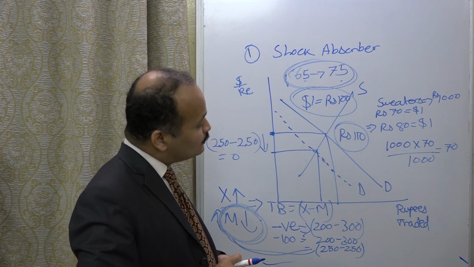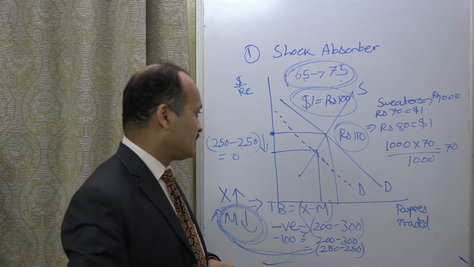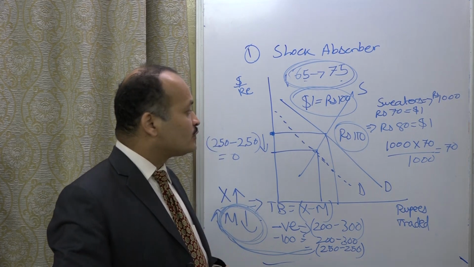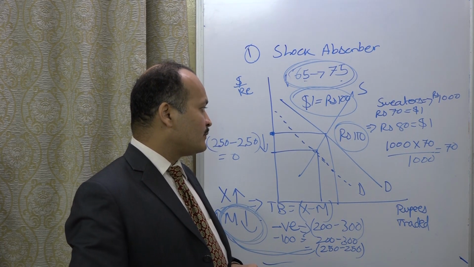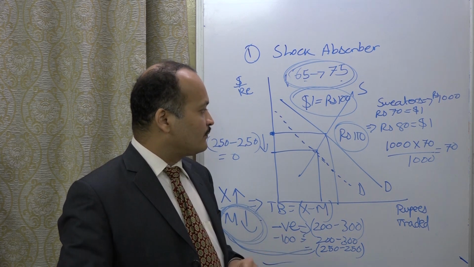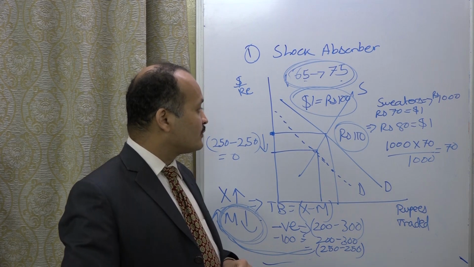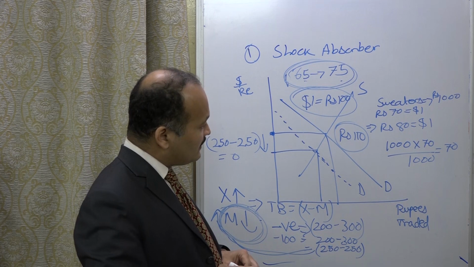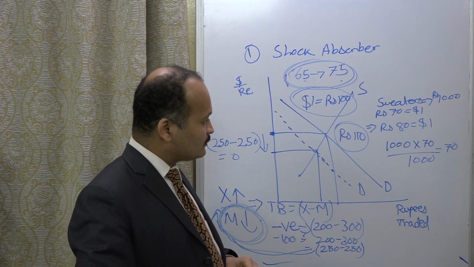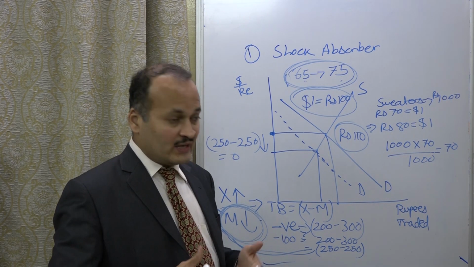what will that do? Once oil prices increase by that great extent, people would start economizing oil. Suppose people who are using their own cars, maybe they go for carpooling. Then people who have got one small vehicle and one big vehicle would like to use the smaller vehicle more often, which is more fuel economical.